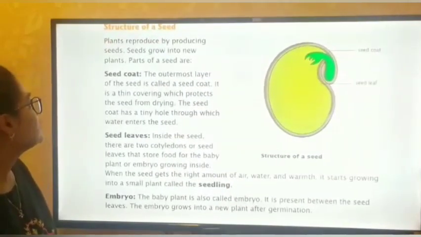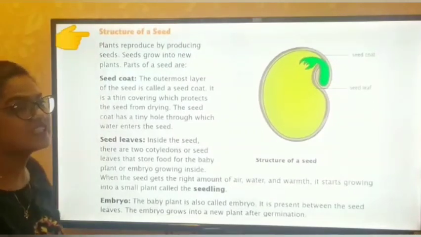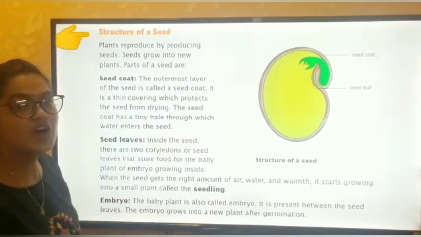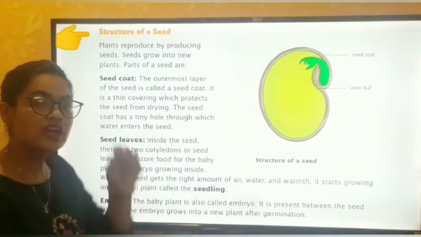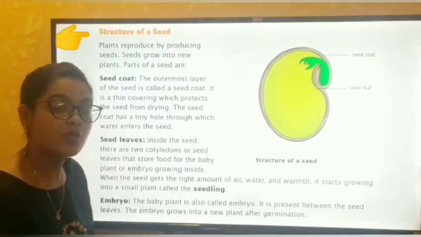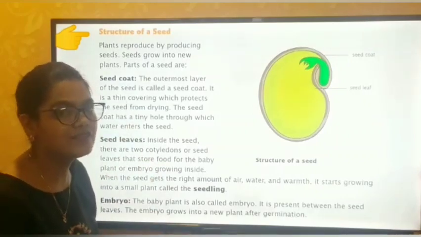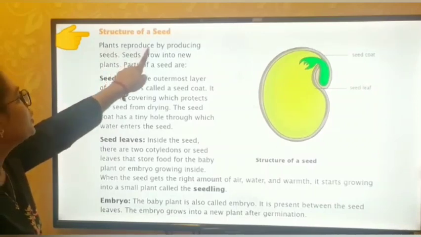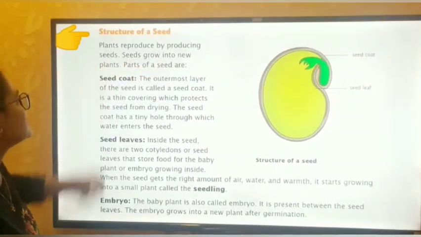Our next topic is the structure of a seed. We all know that by using a seed, a new plant grows. Now we are going to see what is inside the seed. Plants reproduce by producing seeds.